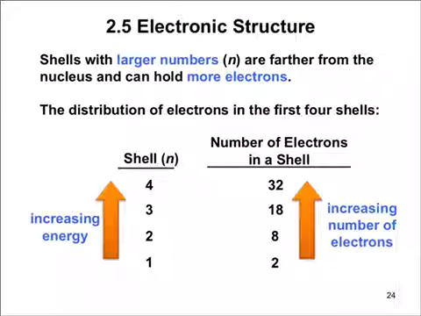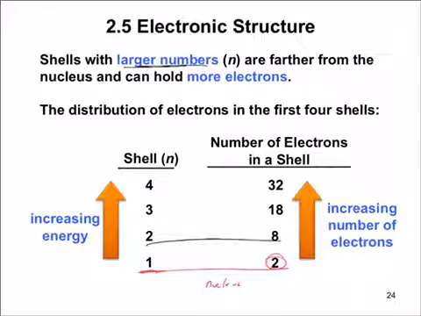Now, the further away you are from the nucleus, the more electrons you can hold. So the larger numbers of N hold more electrons. So this is how this works. If my nucleus is here, my first shell is there, that can hold 2 total electrons.